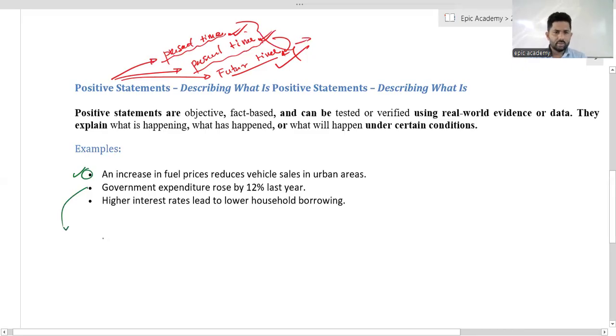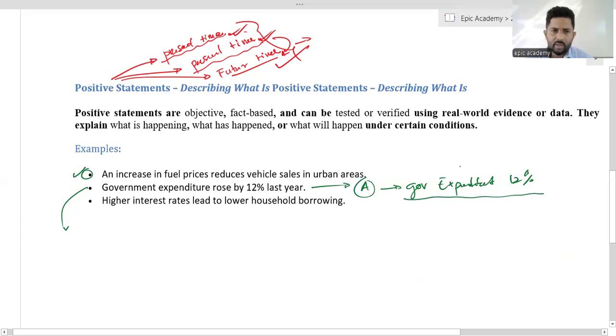Government expenditure rose by 12% last year. Yes. As an example, just consider the name of a country. The government expenditure increased by 12%? Yes, it is not an opinion. That describes what is happening and what happened.